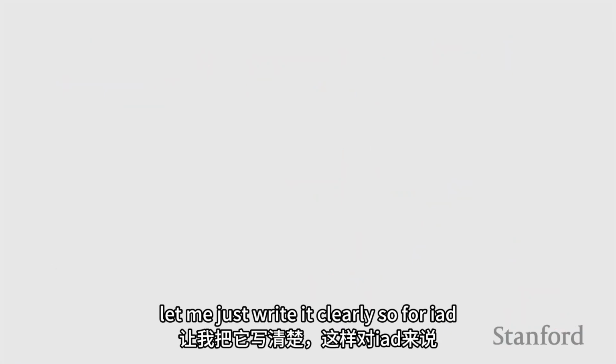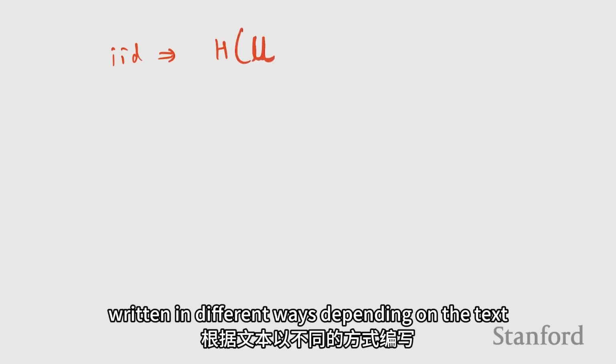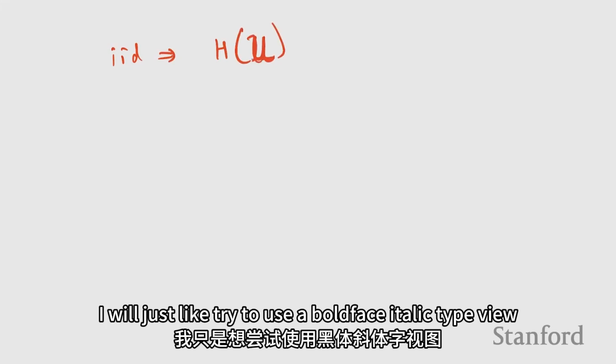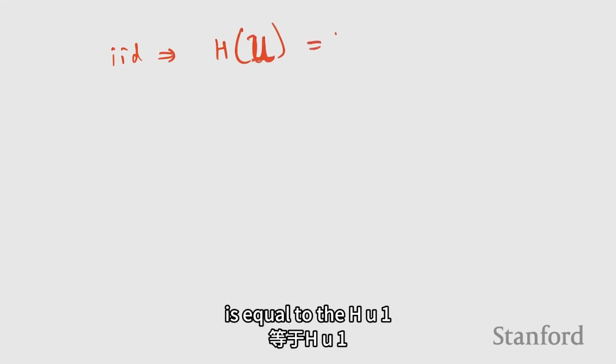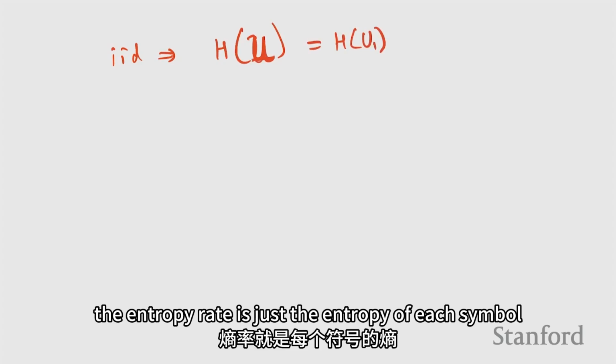Let me just write it clearly. So for IID, the entropy rate is written in different ways depending on the text. I will use boldface italics U, which is equal to H(U1) basically. For IID, the entropy rate is just the entropy of each symbol.